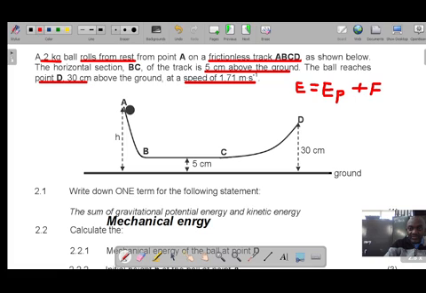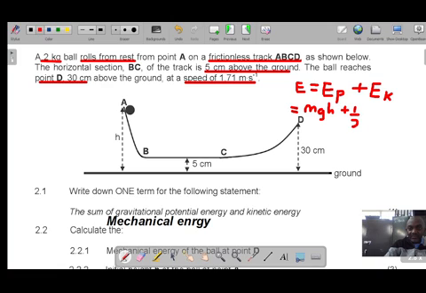Gravity times height. What about the EK? It is a half mv squared. It is a half what? Half mv squared. So EP, we said it's mgh, that is m times gravity times the height at D, then plus a half mv squared plus a half.